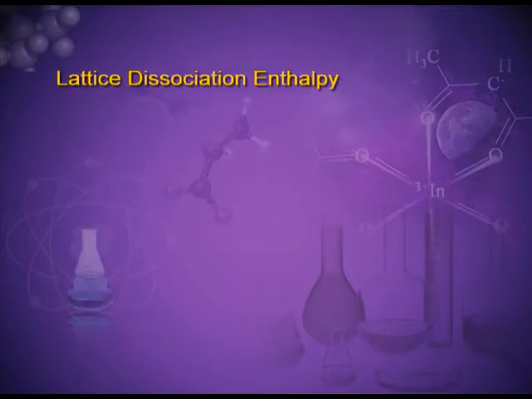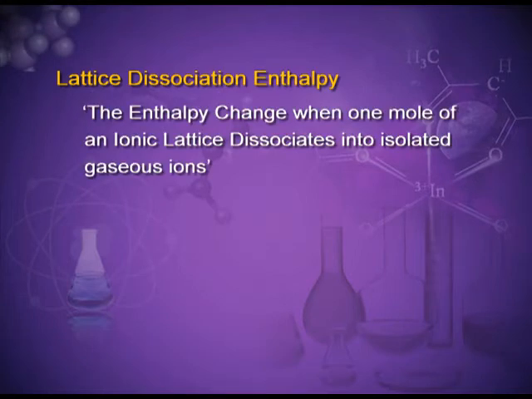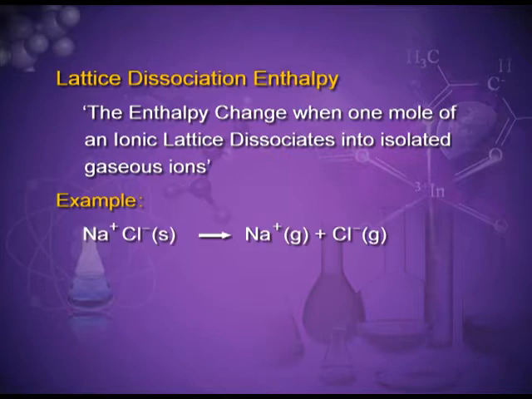Lattice dissociation enthalpy: the enthalpy change when 1 mole of an ionic lattice dissociates into isolated gaseous ions. Example, sodium chloride crystal in the solid state dissociates into sodium ion in the gaseous state and the chloride ion in the gaseous state.